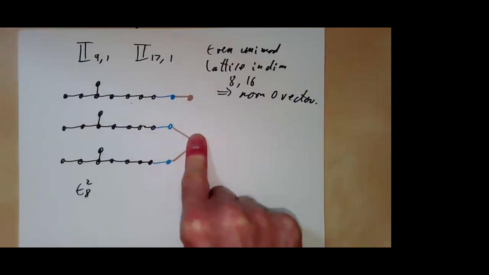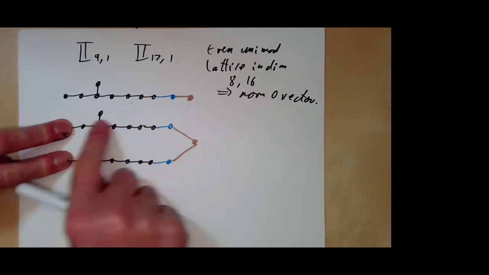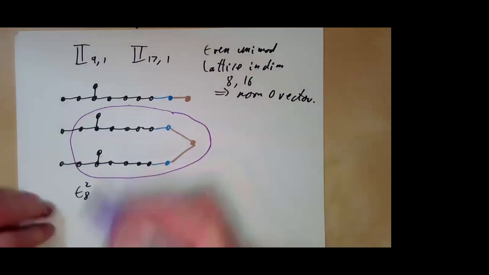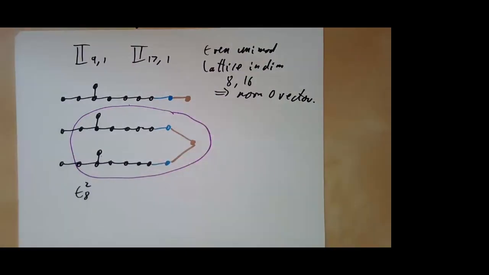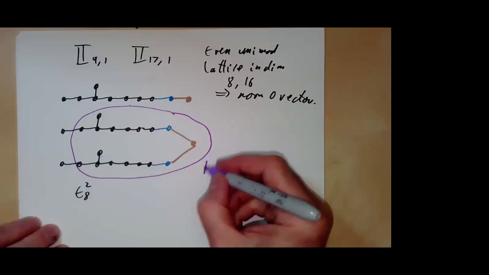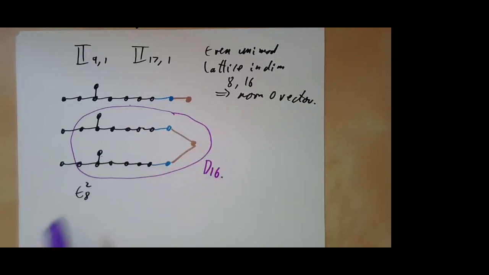But you can also put your finger over these 2 points here, and you notice that what you've got here is just the Euclidean Dynkin diagram of the D16 lattice. So we find there are 2 even unimodular lattices in dimension 16 with root systems E8 squared and D16.